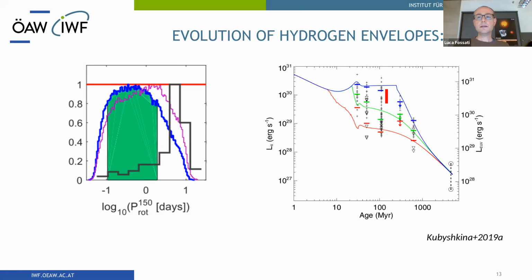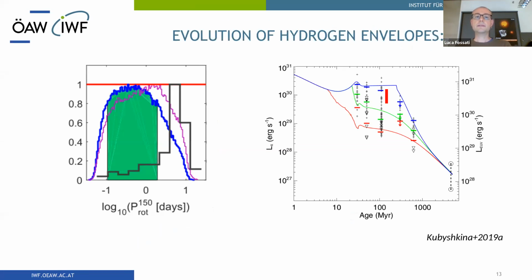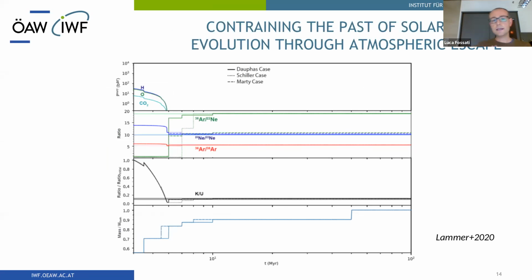Now there is a spin-off of this work that brings us back to the solar system. So we thought, we can do this with exoplanets and their stars, maybe we can do this with the solar system and the sun as well. Now, the issue here is that in the solar system, we do not have hydrogen planets.